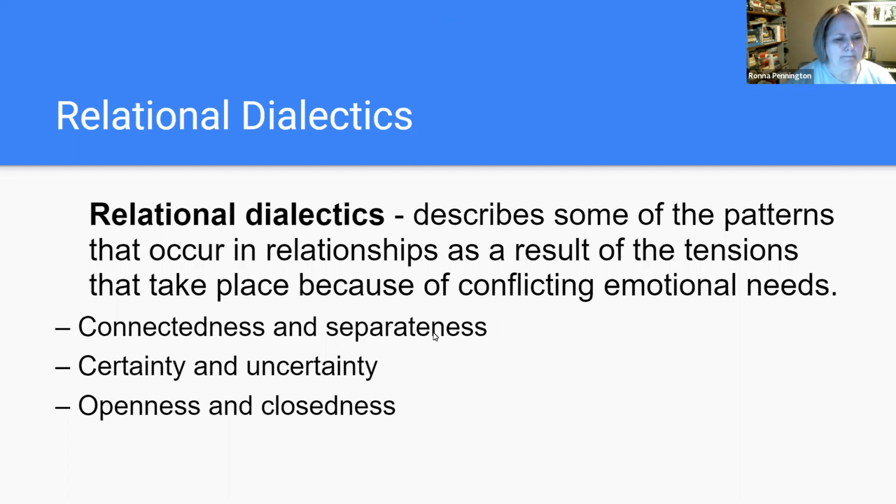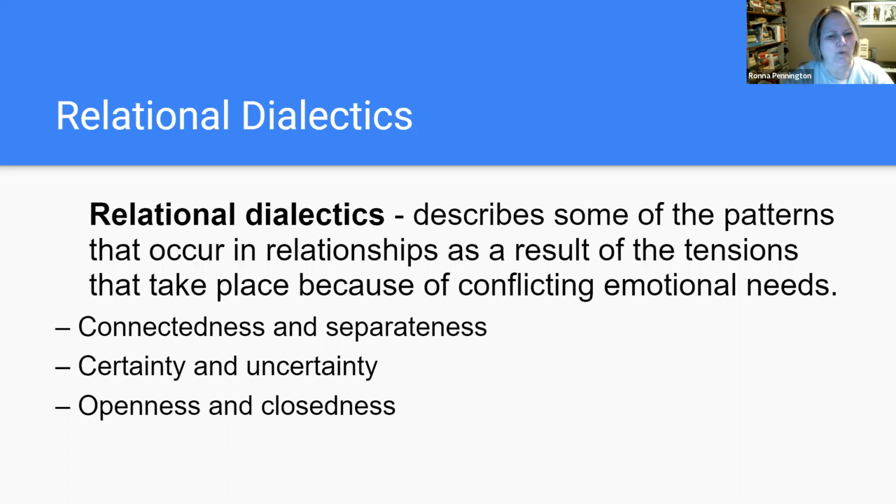And I've got some examples here: connectedness and separateness, certainty and uncertainty, openness and closedness. So those are different attitudes. Like someone in an interpersonal setting, one speaker is very connected and the other is very separate, or one person is very positive, the other person is very negative.